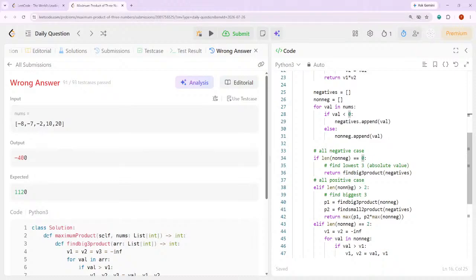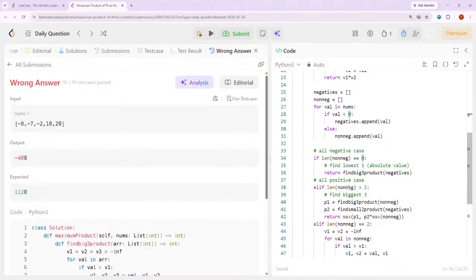My logic is so poor. Oh my gosh. I think maybe I just need to actually have an answer that starts at negative infinity and then just improves it based on these test cases that apply to it.